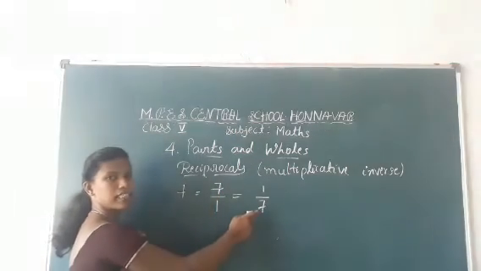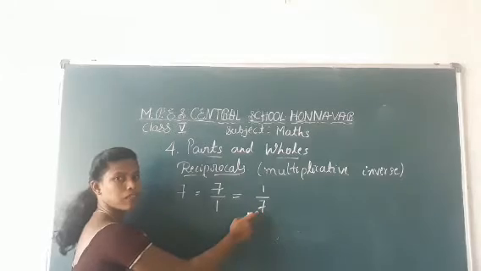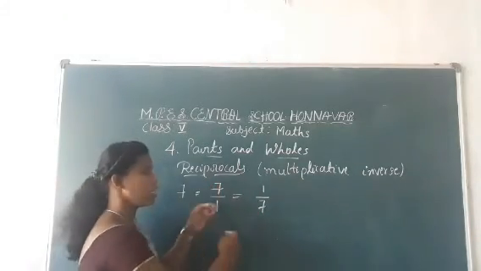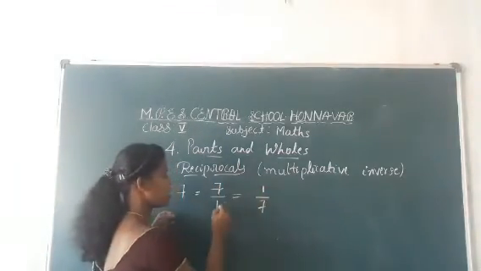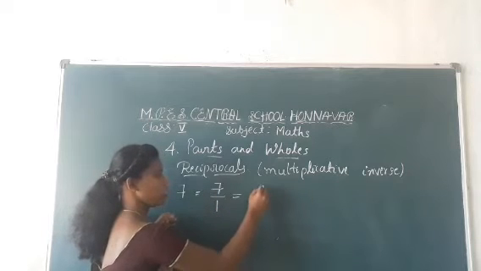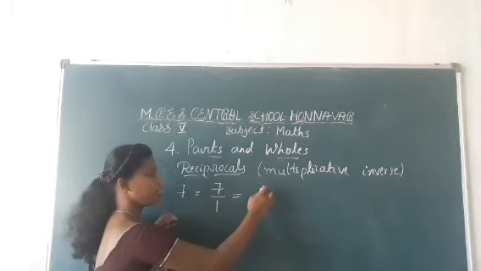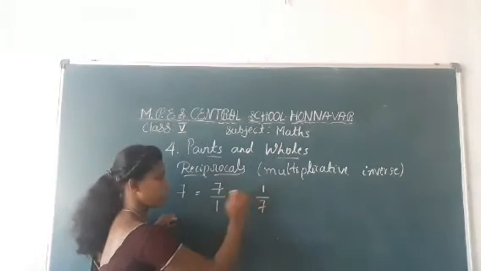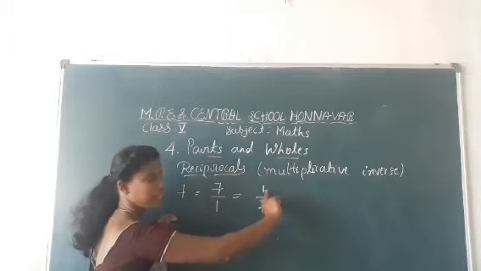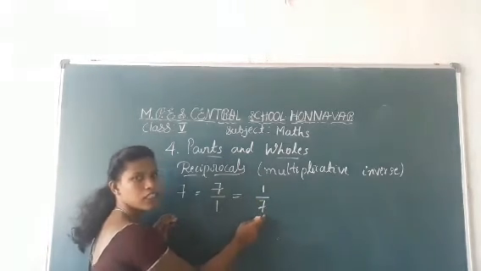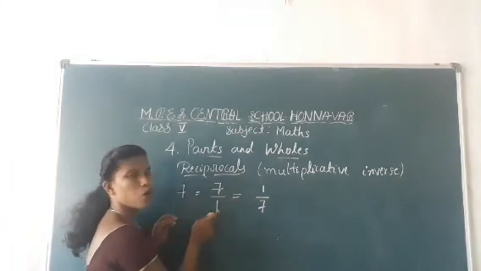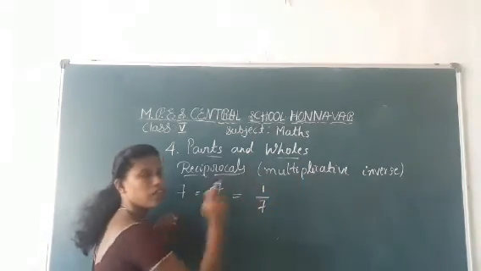If we write the reciprocal, we take the inverse of it, meaning the denominator goes into numerator and numerator goes into denominator. That becomes the reciprocal, meaning multiplicative inverse.